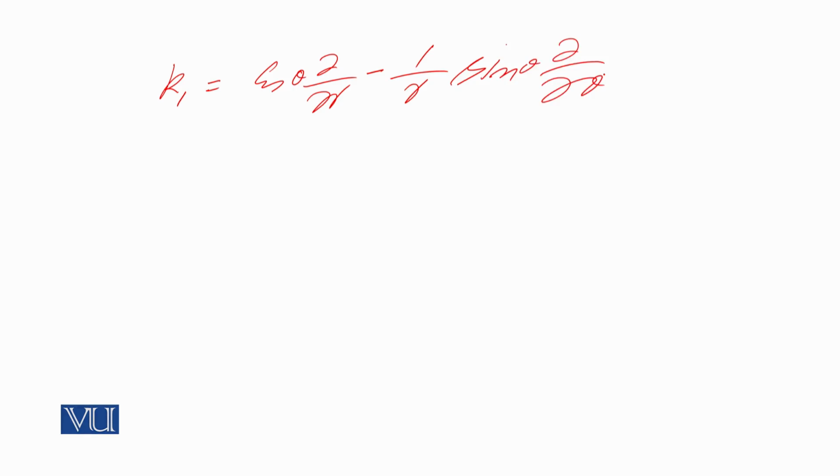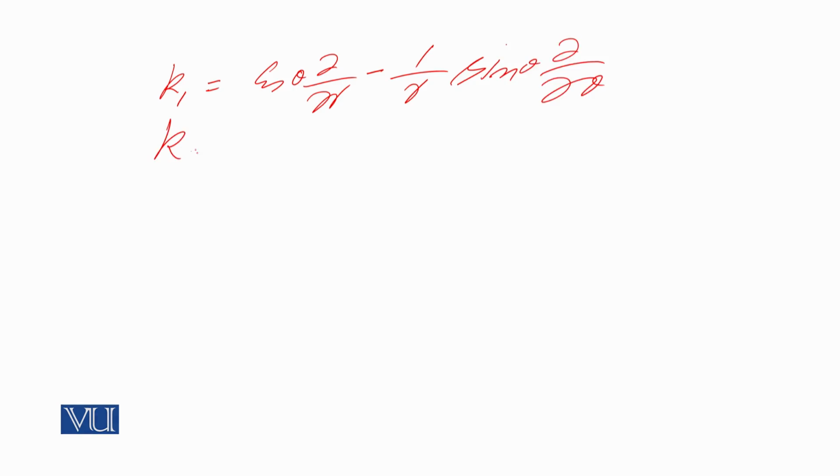Let's go to the next slide. K1 is equal to cos theta partial by partial r minus 1 over r sine theta partial by partial theta.